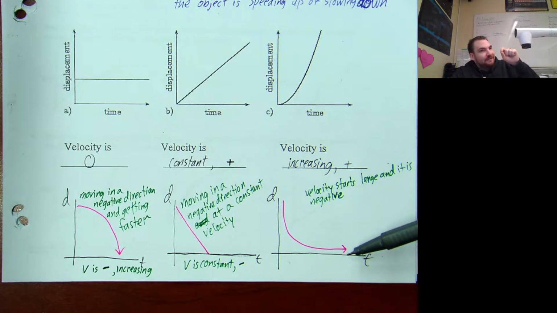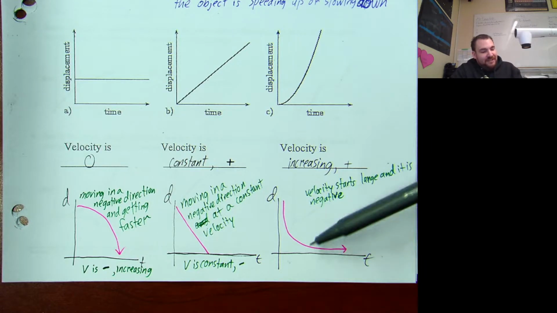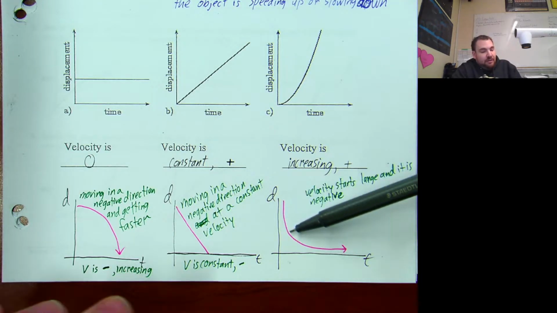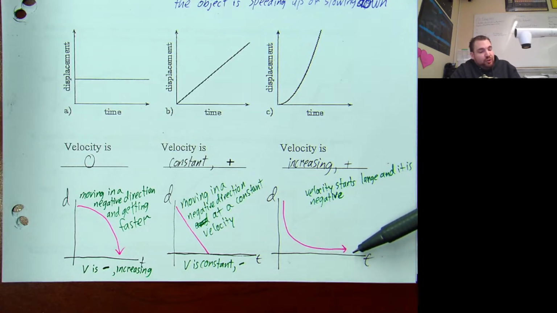It's becoming neutral. And in math, the number that represents neutrality is zero. It's not becoming more positive, it's becoming less negative, and those are different. At no point does this line curve up. So it's not becoming positive, it's just becoming less steep to the point where it has no steepness. So that means your velocity is approaching zero.